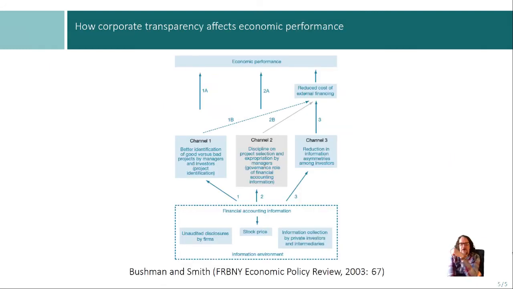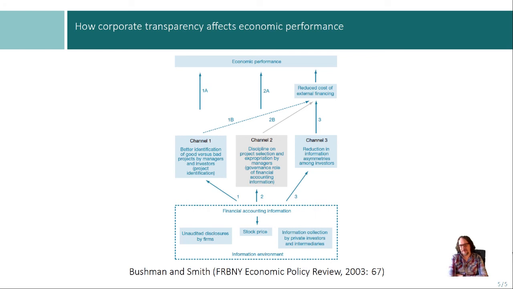the effect of transparency on economic performance or welfare, or however you want to define it, at a somewhat broader level? And for that, I use a visual that is included in what I think is a very nice overview article by Rob Bushman and Annie Smith, published in the Economic Policy Review of the New York Fed.